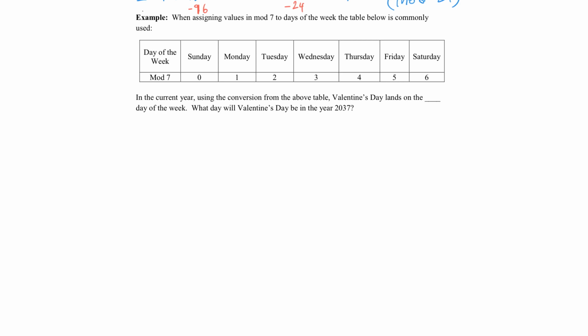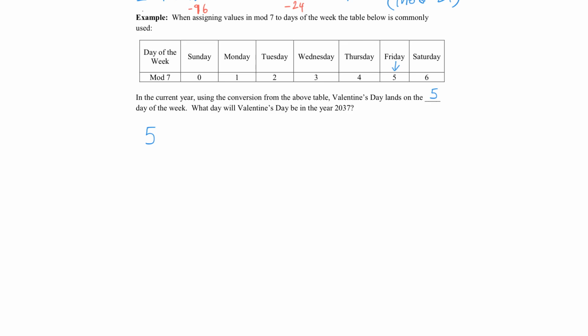So using this table, according to our mod conversion, the Friday would convert to 5. The question says, what day will Valentine's Day be in the year 2037? So what we need to do is start at 5 and advance in the future.